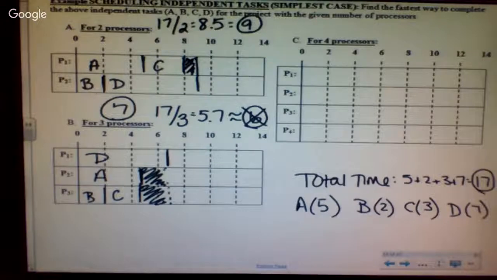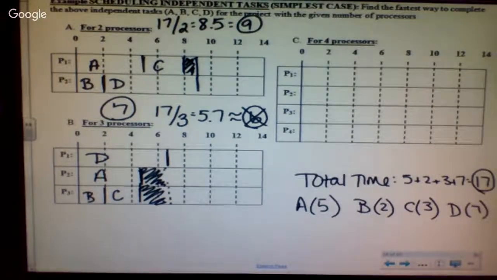Okay, now watch what I show you. Because you're not going to get problems where you have to schedule it and do this. They're going to give you a question, and then they're going to ask you for an answer of idle time.